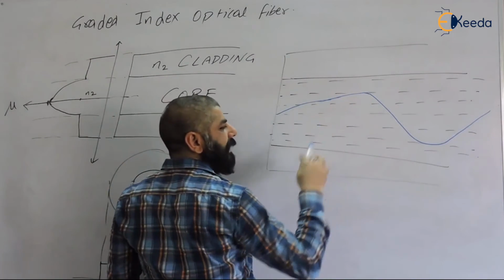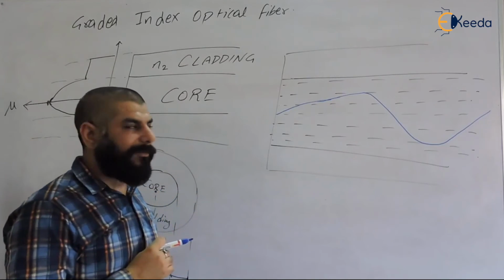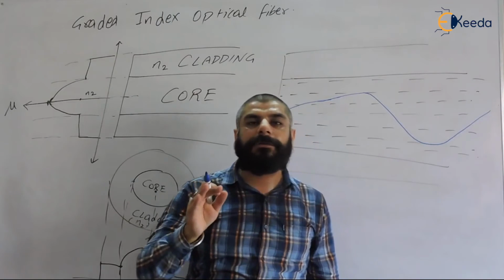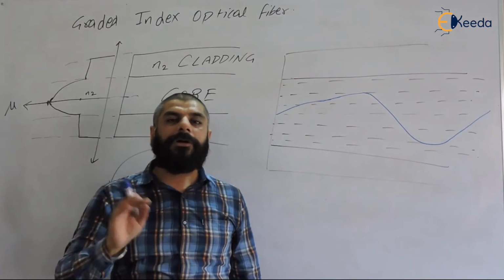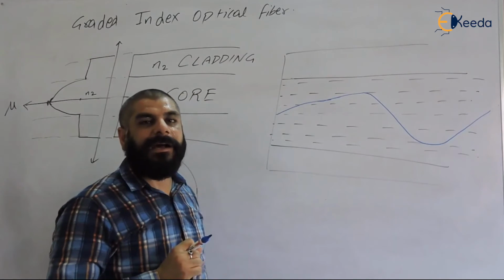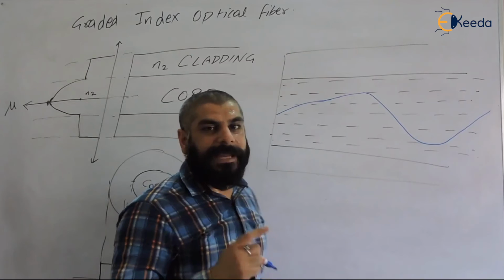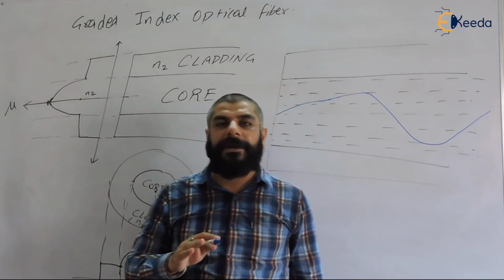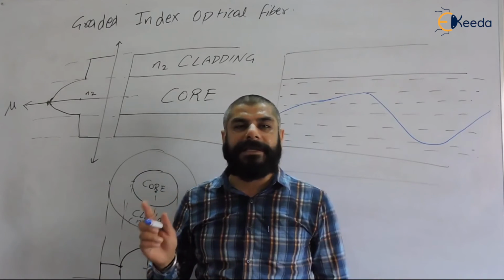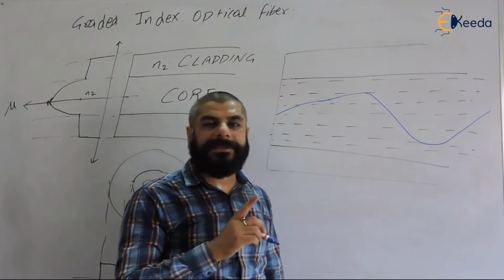If we are sending multiple signals, why do we design this optical fiber? Because we can send multiple signals without much interference or dispersion loss. That is the advantage of designing a graded index optical fiber. Whereas in a step index optical fiber, if we send multiple signals simultaneously, there will be more dispersion loss, because the refractive index of the core was constant.